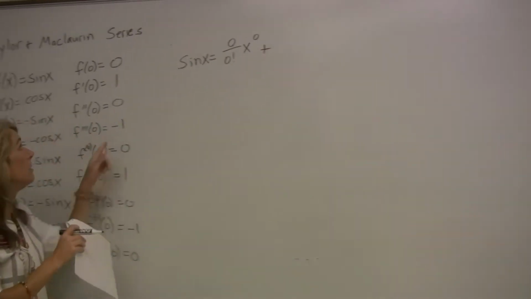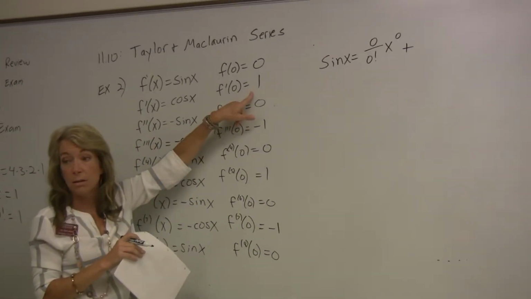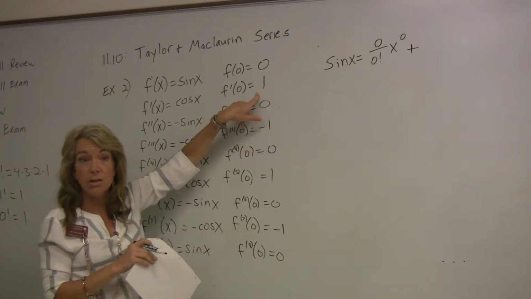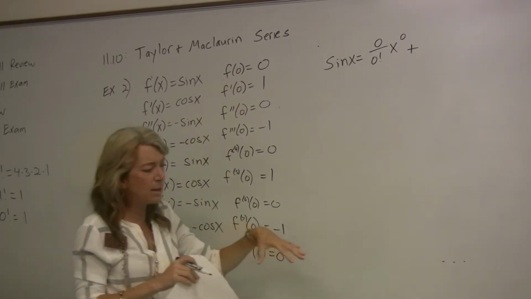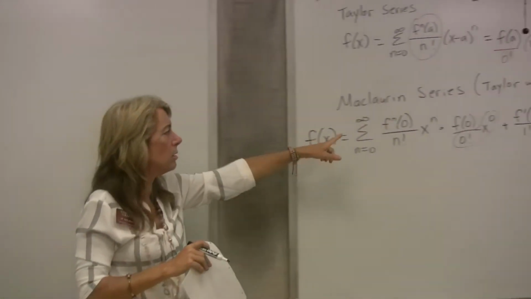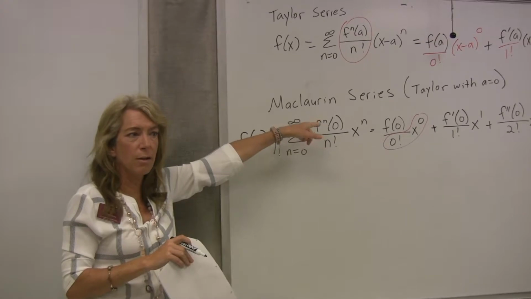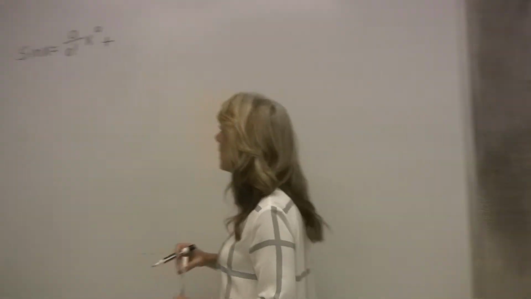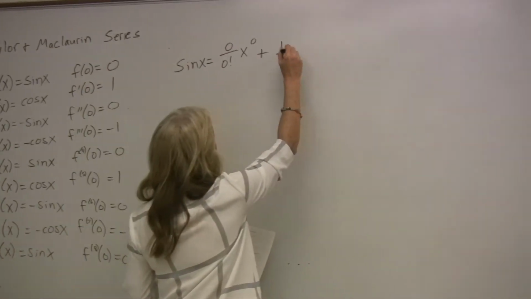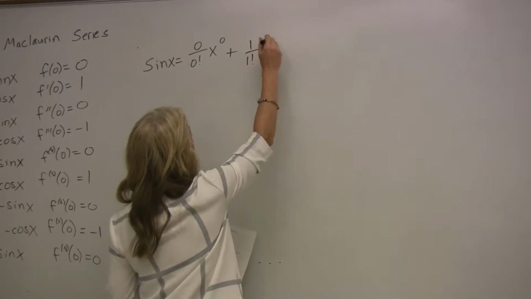Plus, the next one, the derivative is 1. So these derivatives here are the things that go in your numerators. The derivatives of what we found over there are what goes in each numerator. So the next one is 1 over 1 factorial x to the 1.